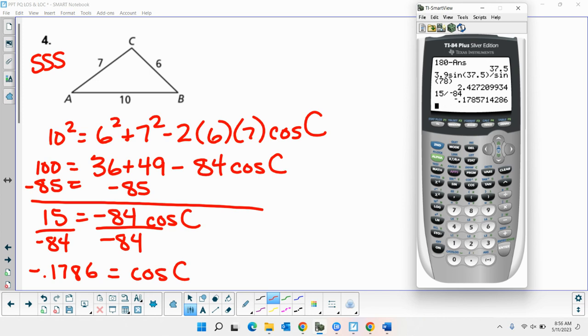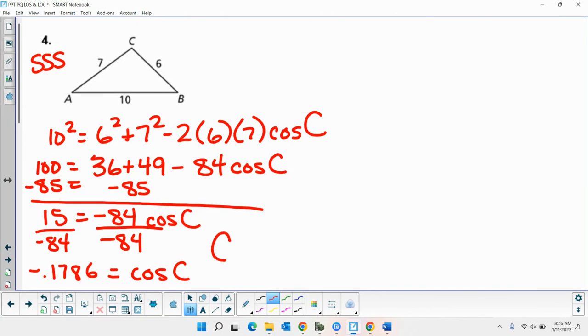So there's that decimal. This is law of cosines. Second cosine, second answer. Right, Colin? All right, so that gives me C was 100.3 degrees.